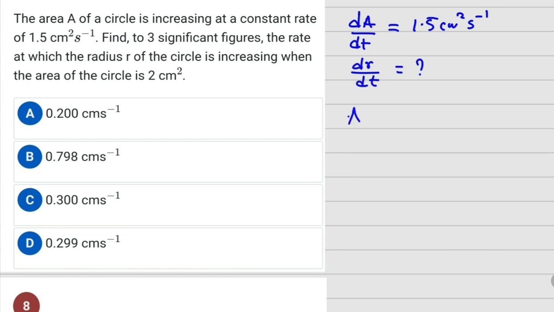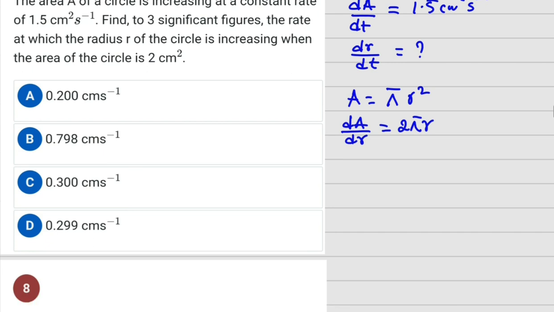Now, but we know that area is equals to pi r squared. So dA by dr will be 2 pi r. Now, what I'm getting to is I want to find dr by dt.